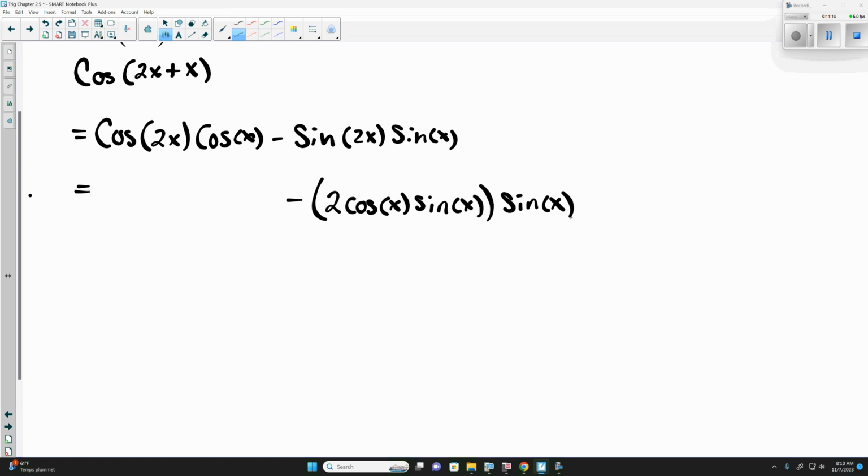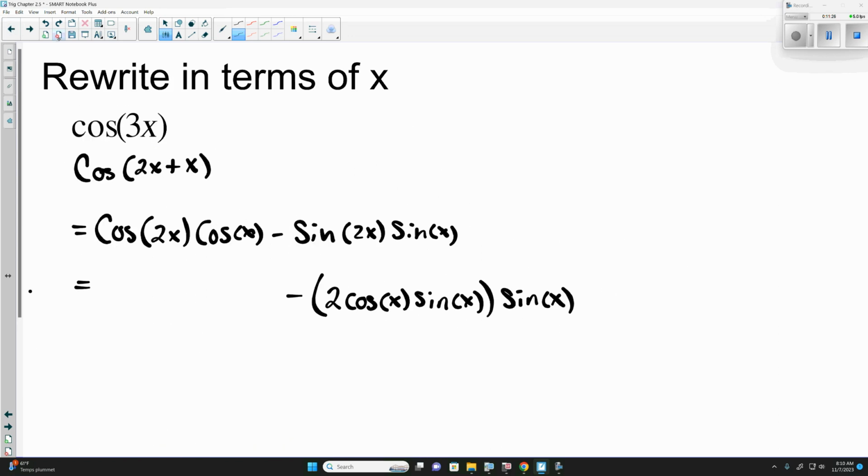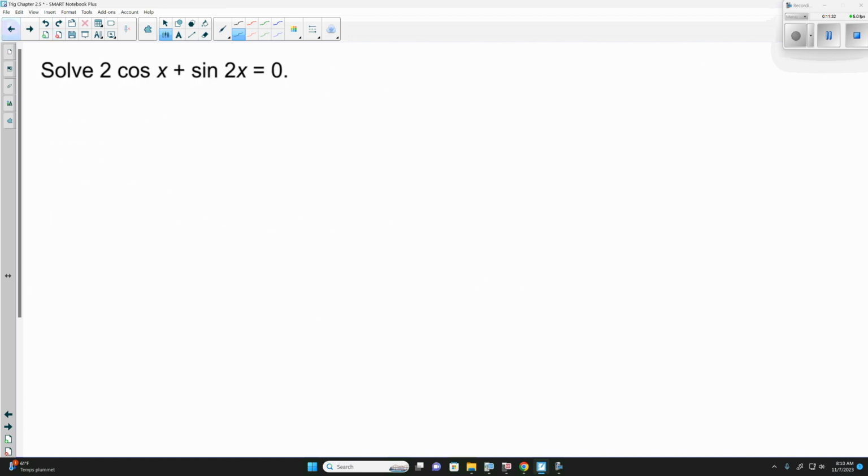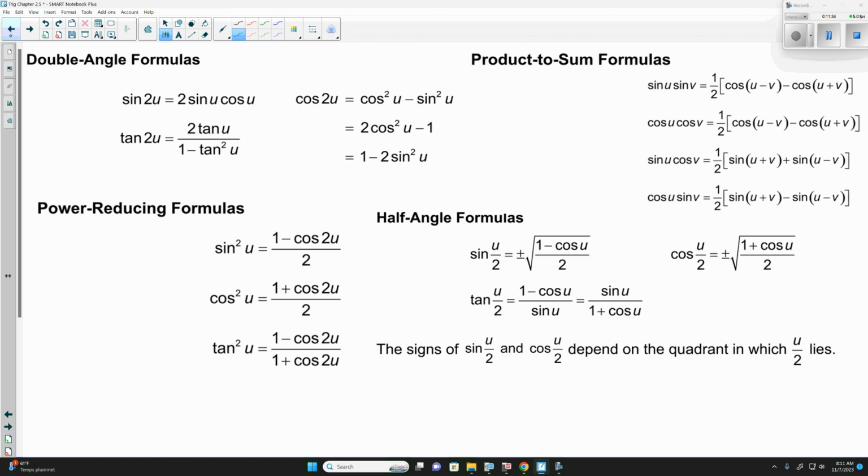Now the other side, cosine of 2x, we have several. We've got cosine squared minus sine squared, 2 cosine squared minus 1, and 1 minus 2 sine squared.